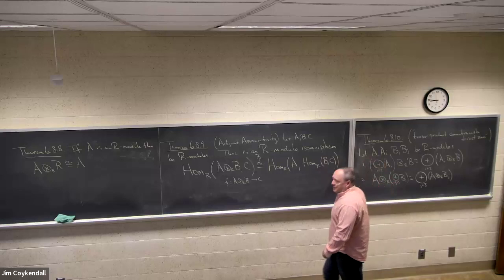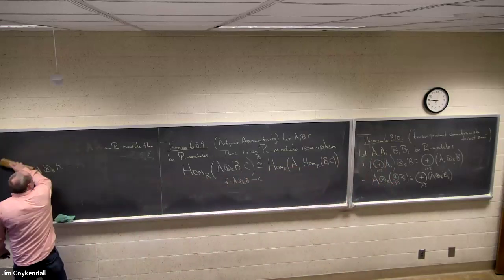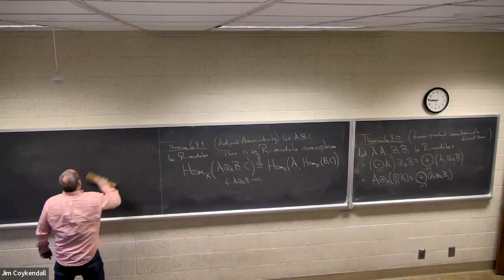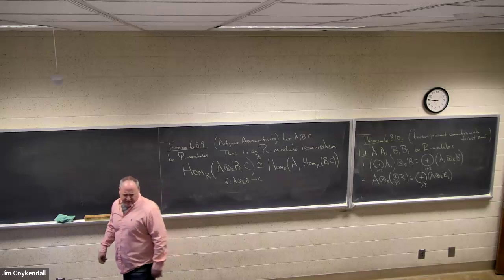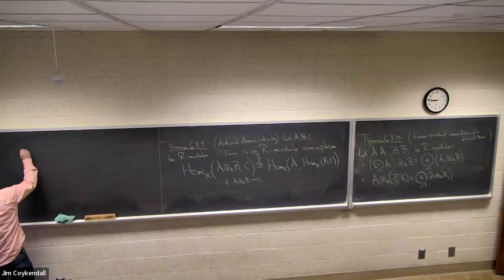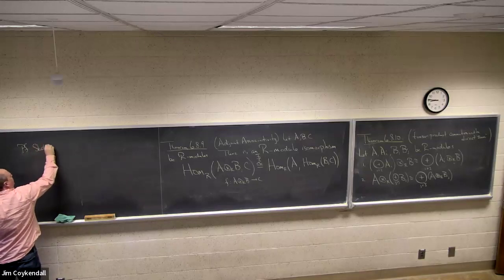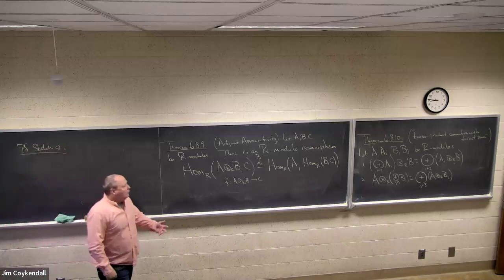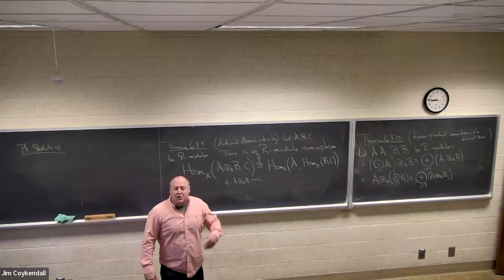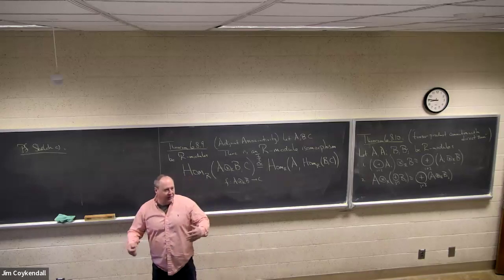So tensor product plays nicely with the direct sum. And here's a sketch of the proof. Let me just show you how to do it. How would you show such an isomorphism? You would do what I've become so fond of doing: set up bilinear maps and say, oh, look at me.